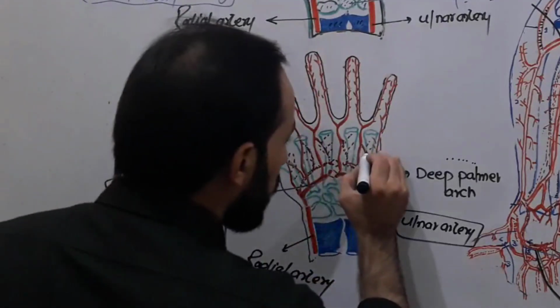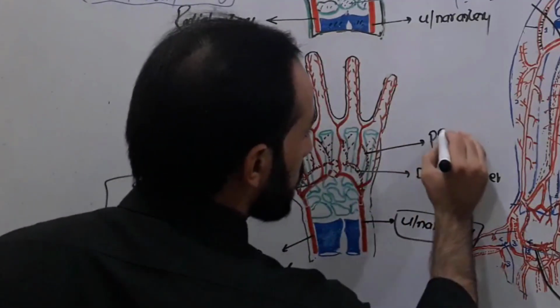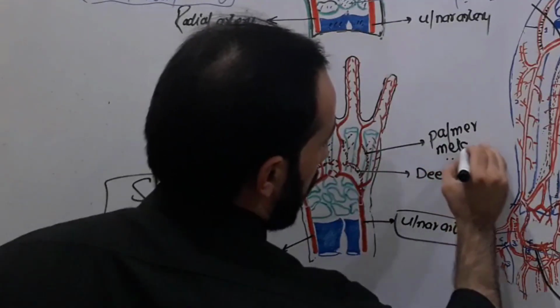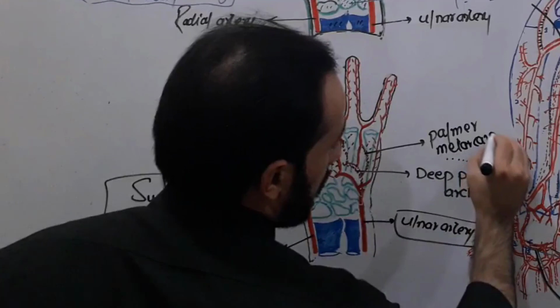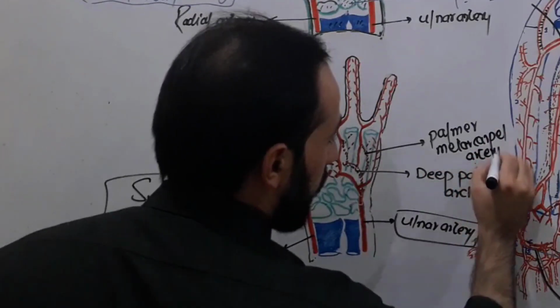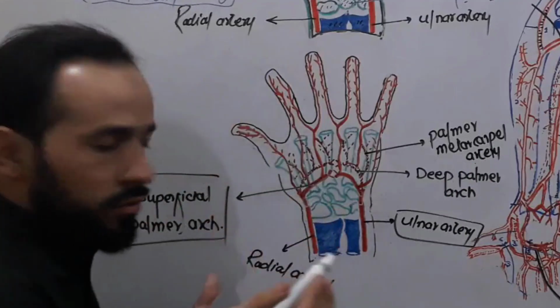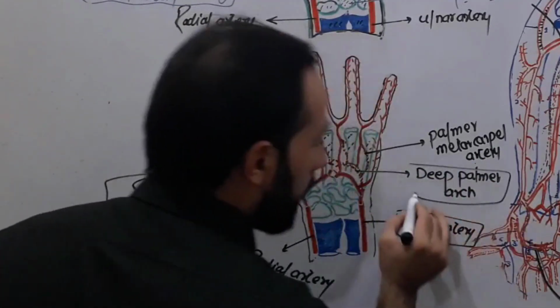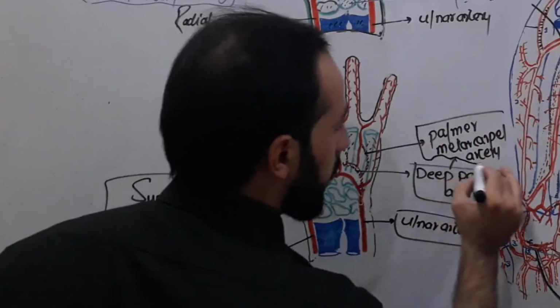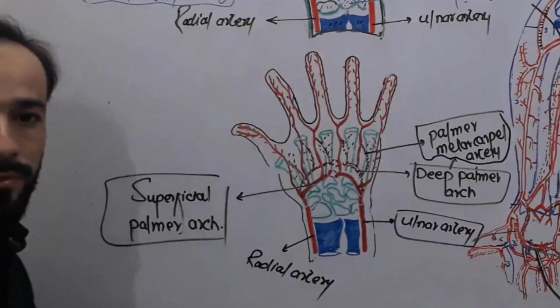So what are these? These are the palmar metacarpal arteries, right? So it's so simple. The deep palmar arch gives palmar metacarpal arteries.